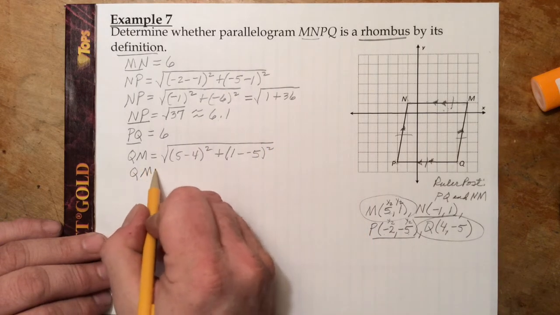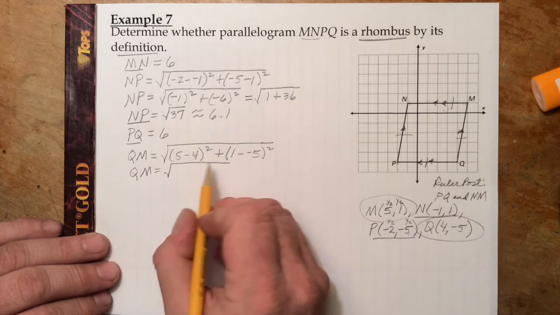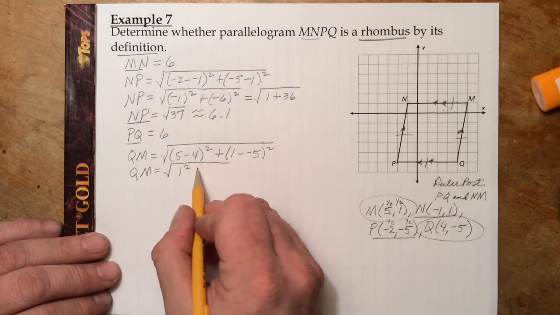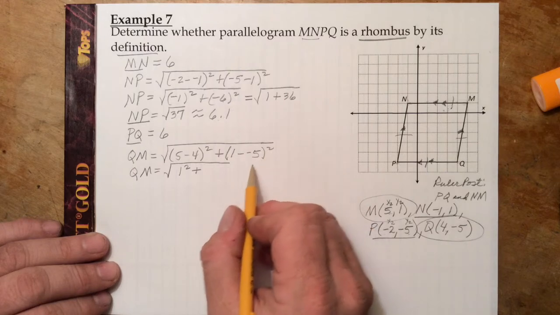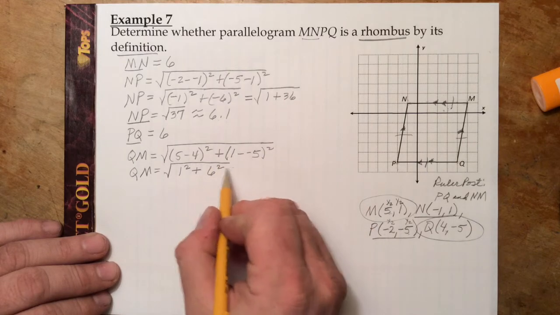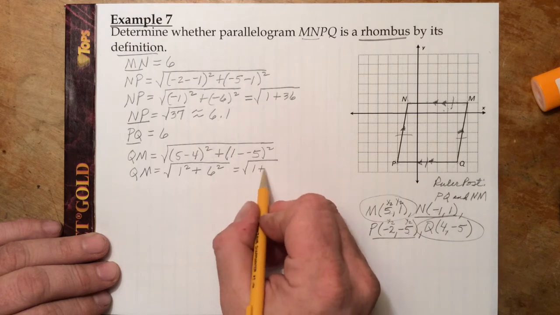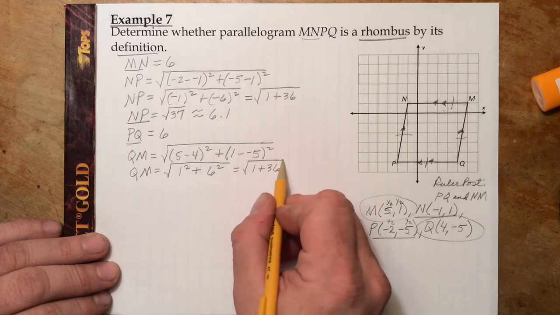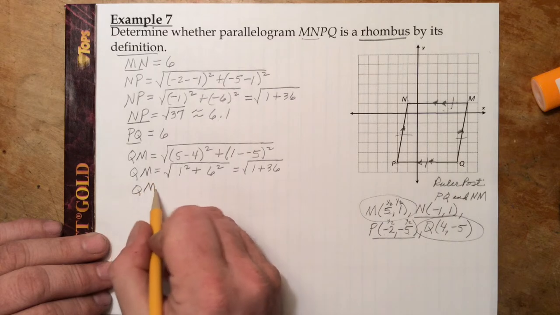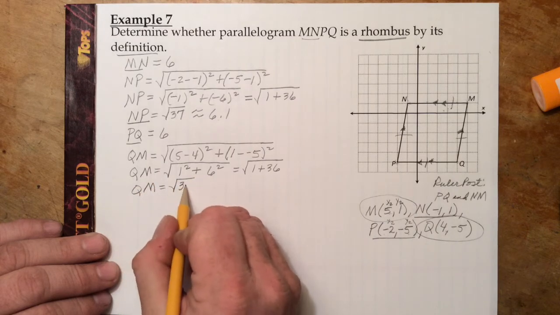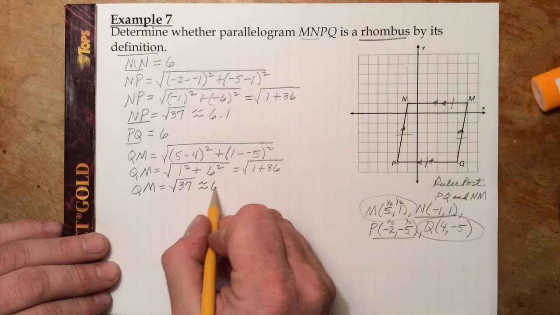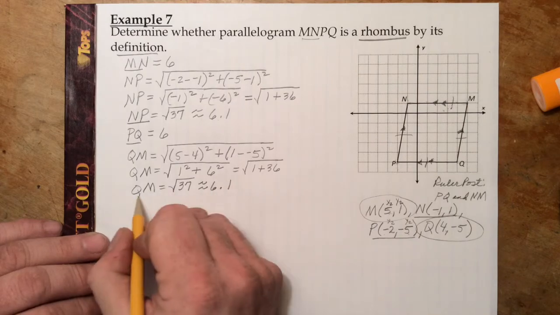So QM is equal to 5 minus 4 is 1 squared, plus 1 minus -5 is 1 plus 5, which is 6 squared. That gives us the square root of 1 squared is 1, plus 6 squared is 36. And QM's length is the square root of 37, which is approximately 6.1 again.